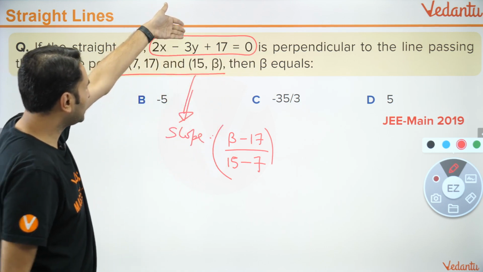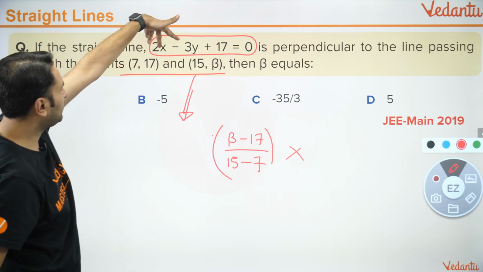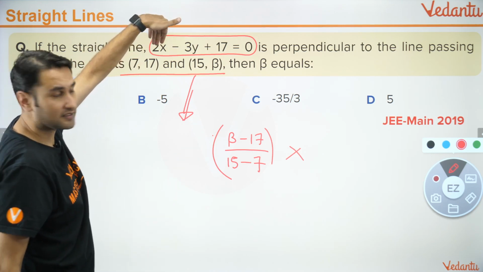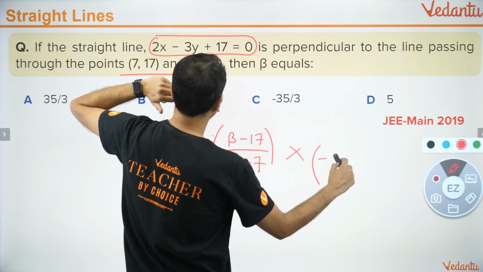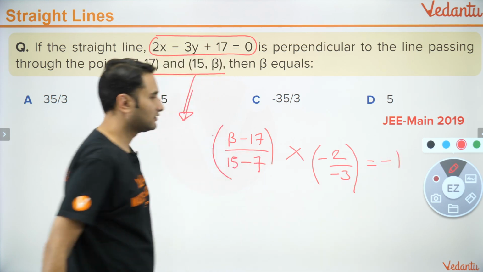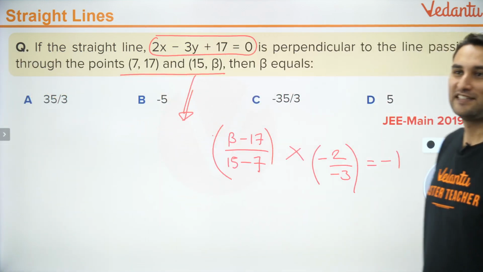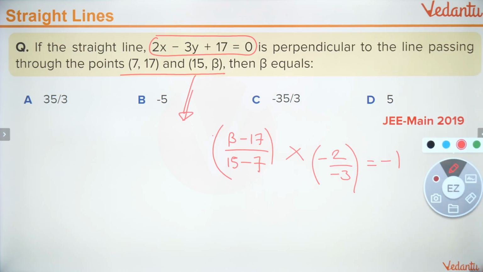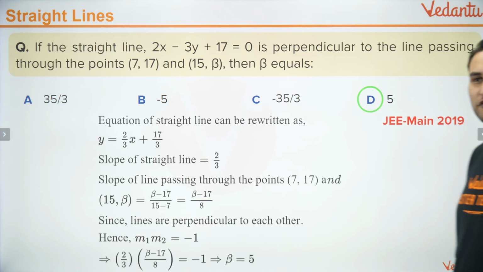It is perpendicular to that, so multiplied by the slope of this. How much will it be, children? Minus a upon b multiplied by minus of 2 upon minus 3 is equal to minus 1. Solve for beta. Such problems also come. So whatever the answer, what will the answer be, children? The answer will be D. Answer will be beta is equal to 5, right?